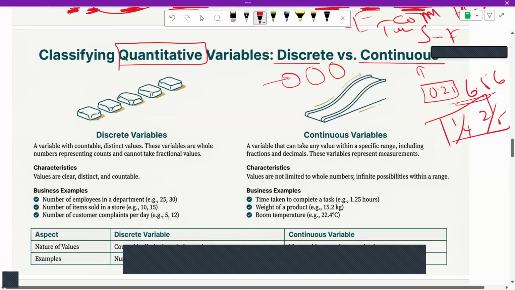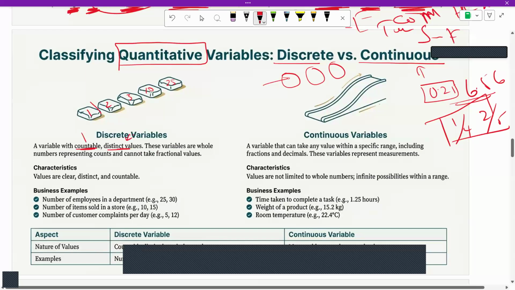Right. Let's see the discrete. It has a full number: 1, 2, 3, 10, 25. A variable with countable, distinct value. It has distinct value, countable: 1, 2, 3, 4, like that.